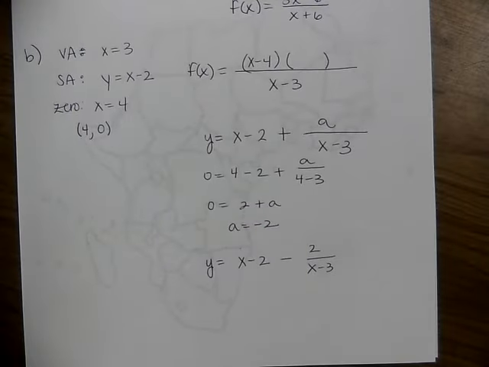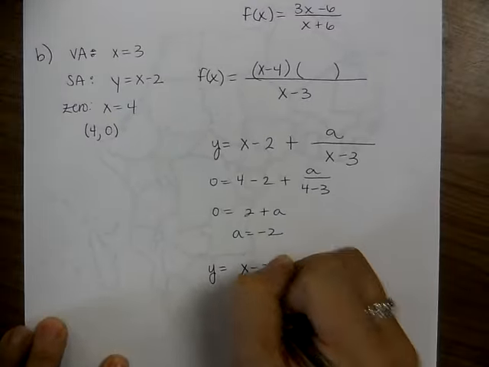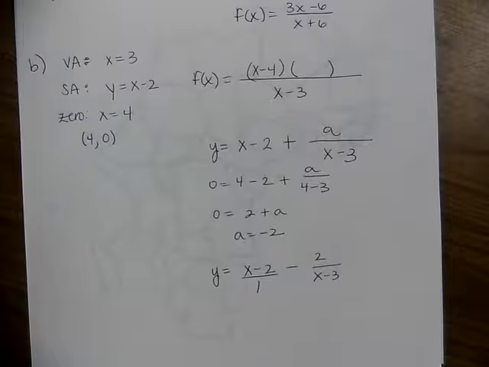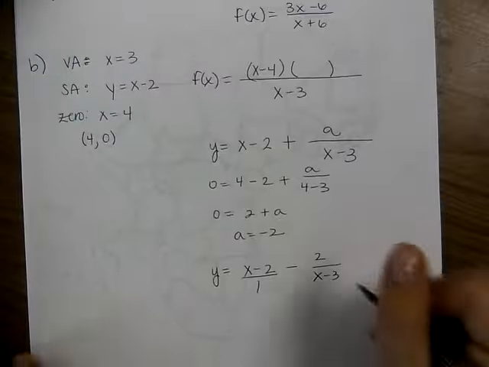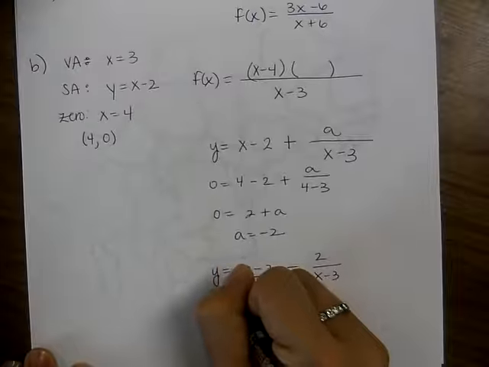How do you combine these things? Get a common denominator. Going back to that algebra review chapter, still coming back at us. It's like this is over 1 right now. So I'm going to multiply this piece by x - 3.